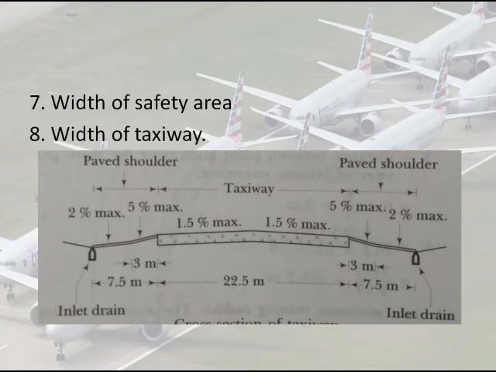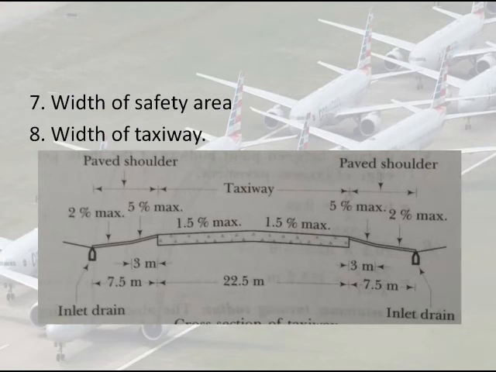The second point is the speed of the aircraft on the taxiways is far less as compared to that on the runways, and hence it is possible for the pilot to maneuver easily on the small width of the taxiway than on the runway. The taxiway width recommended by ICAO is as follows. For A and B type of airports, it is 22.5 meters. For C type of airport, it is 15 meters, and for D type of airport, it is 9.9 meters. For E type of airport, it is 7.5 meters.